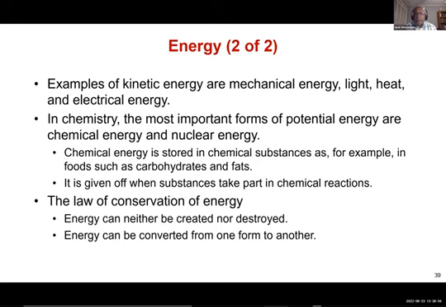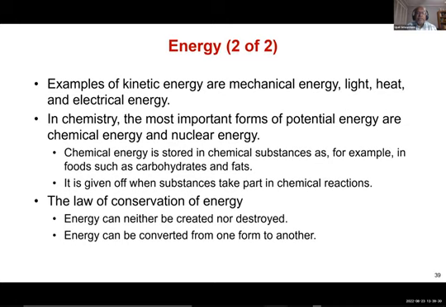In chemistry, the most important form of energy is potential energy. Also, atoms have chemical energy or nuclear energy. Chemical energy is energy in the chemical bonds. It's like a potential energy due to the placement of atoms in a bond. It has certain energy.